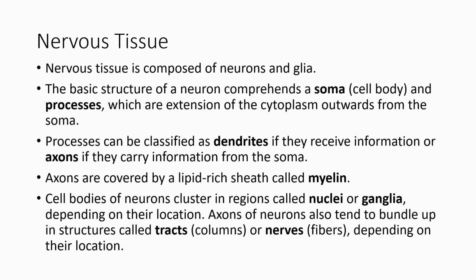The axons also tend to bundle up together in structures that we call tracts or nerves, again, depending on where they're located. So if we're taking the vocabulary down here, the nucleus and the ganglion, which are the singulars for those words, we're talking about the same thing, just different names for different locations.